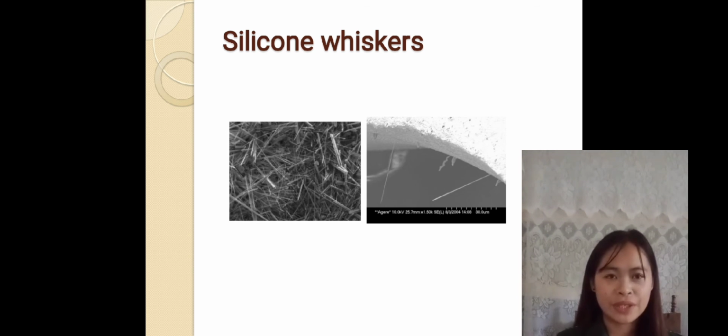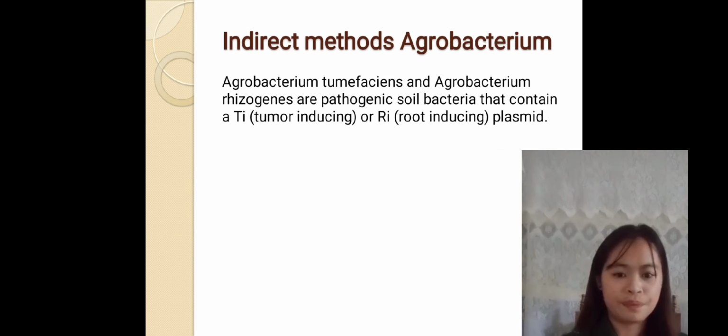Silicon whiskers: silicon carbide fibers are used to punch holes through cultured plant cells. The silicon carbide fibers and cultured plant cells are added to a tube and vortexed vigorously. The mechanical force generated by the vortex drives the fibers into the cells.